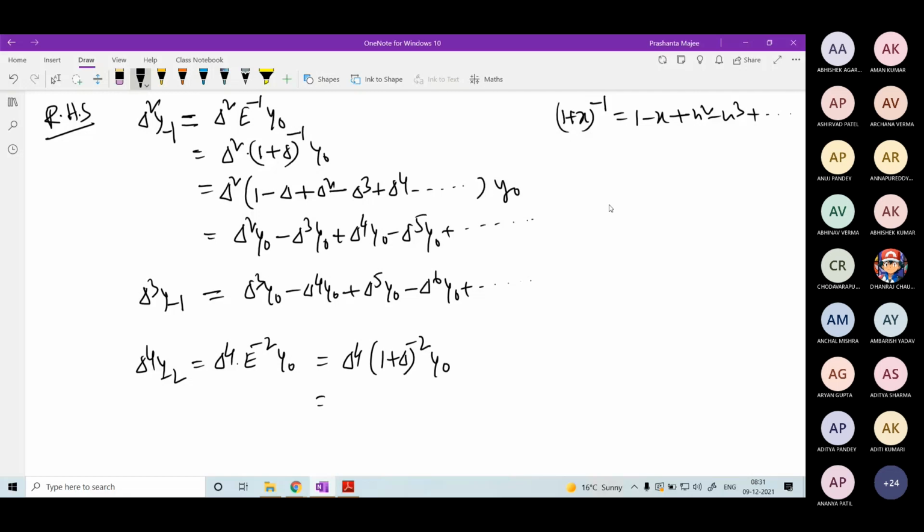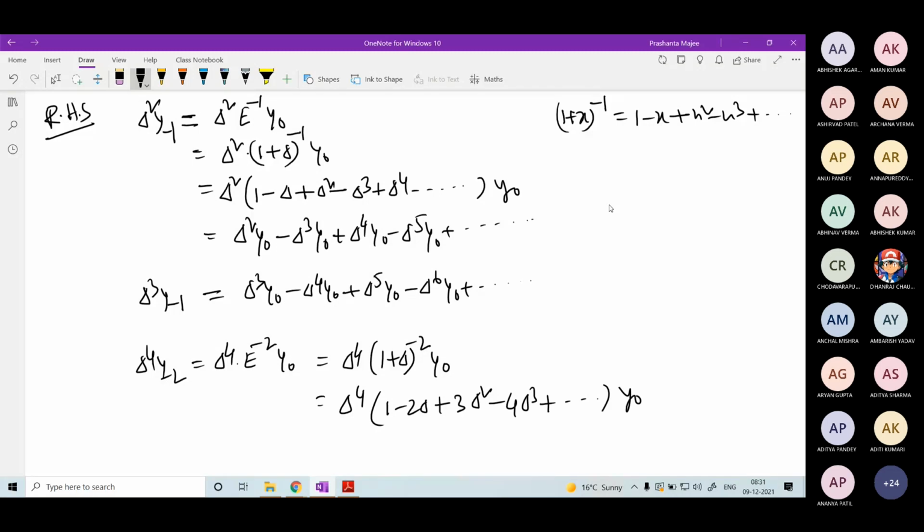So you know the expansion for 1 plus delta power minus 2. It will be delta power 4 into 1 minus 2 delta plus 3 delta square minus 4 delta cube plus so on, of y naught.